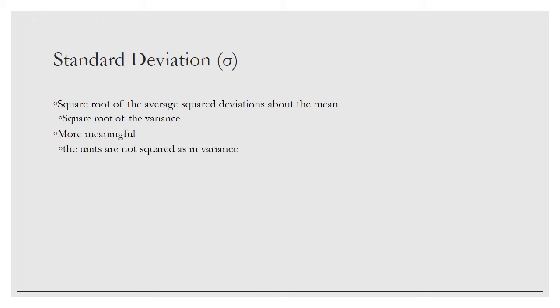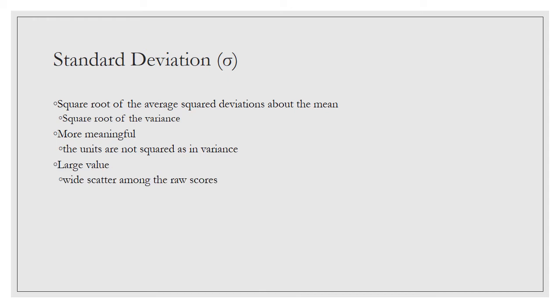The standard deviation, in practical terms for reporting in descriptive statistics, is very, very useful. It is the square root of the average squared deviations about the mean. That's a fancy way of saying we just take the square root of the variance component that we just went through. It is much more meaningful in a practical way because the units aren't squared.